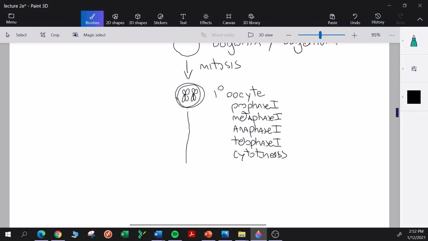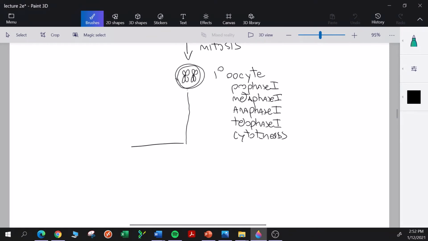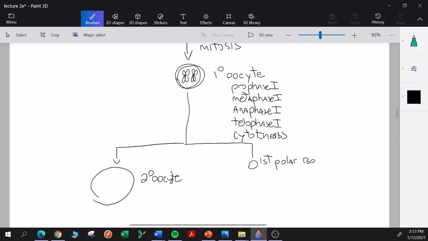But unlike in spermatogenesis, the result is going to be one secondary oocyte and one what we call a polar body. So this is going to be the first polar body. Now the polar body, we can assume it dies in animals, and we don't think that it is involved in development of the zygote or anything.